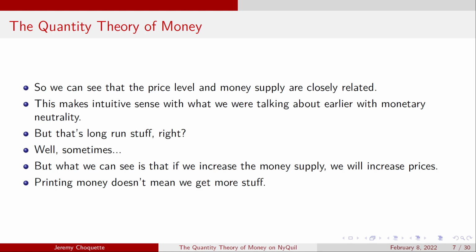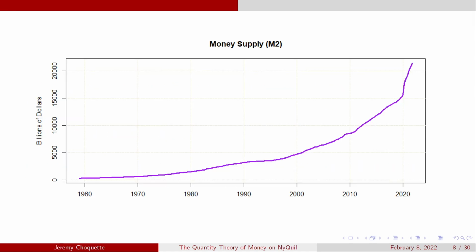If you doubled the money supply, but output or production didn't change at all, right, what you would see is an increase in prices, probably pretty close to a doubling of prices, right? So printing money doesn't mean that we're going to get more stuff.